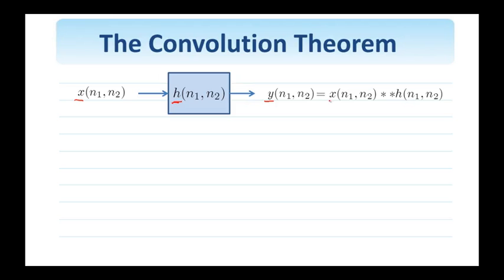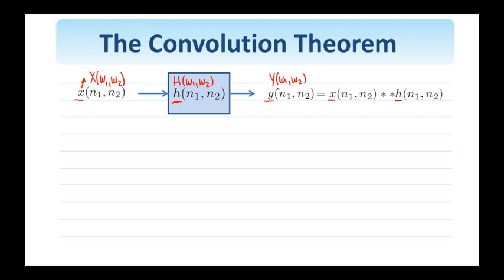So the output equals the convolution of the input with the impulse response of the system. Clearly, I can take each of these quantities to the frequency domain. So I can find the spectrum of the signal, I can find the Fourier transform of the impulse response, which is the frequency response of the system, and I can find the Fourier transform of the output signal.